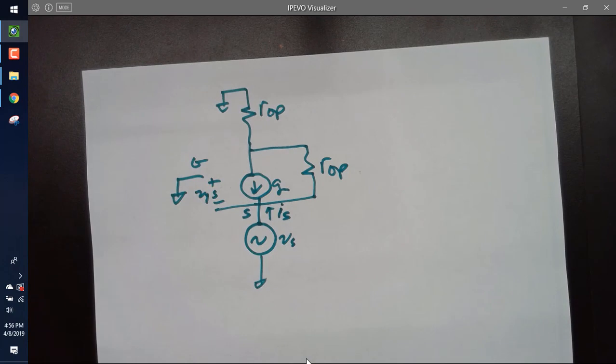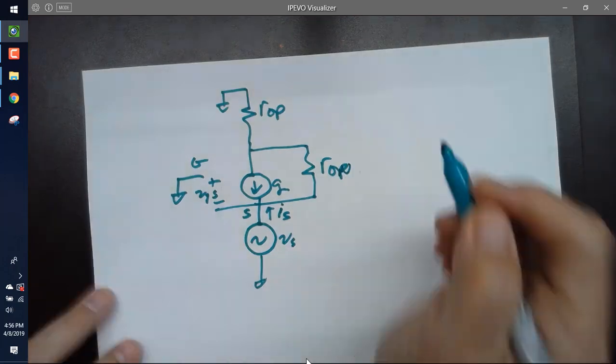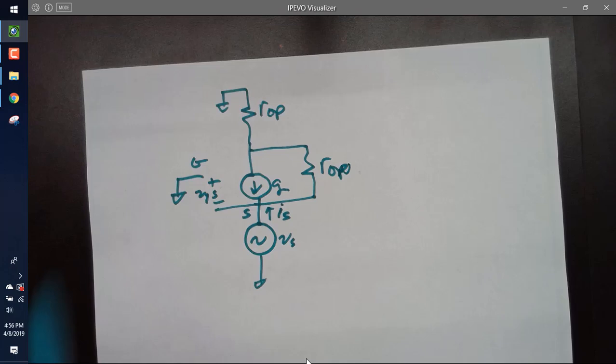That's R out N, right? That's just testing you. Okay, any questions on that? If I said don't assume 1 over GM is much less than R out, this is the way you would do it. What do I look and realize looking at this circuit?